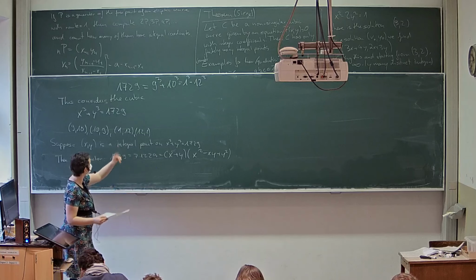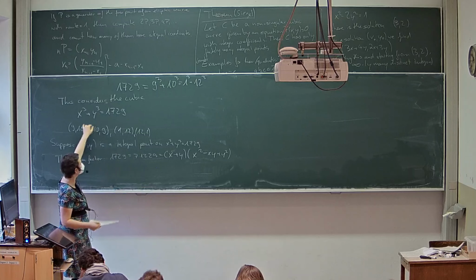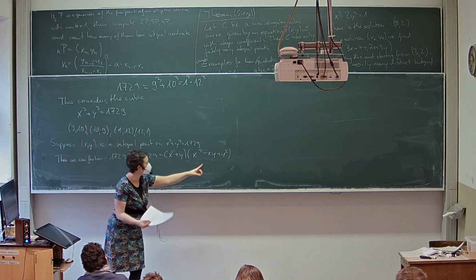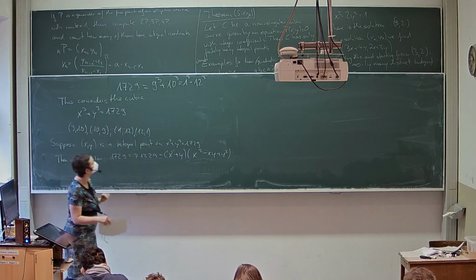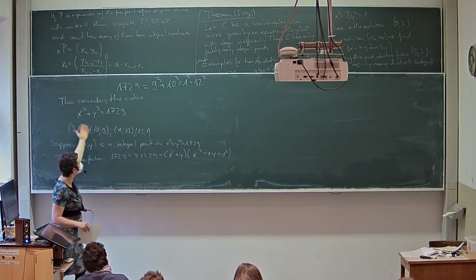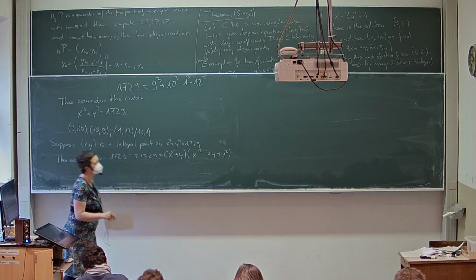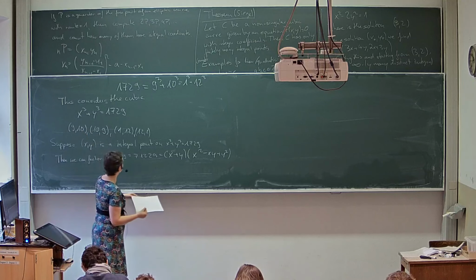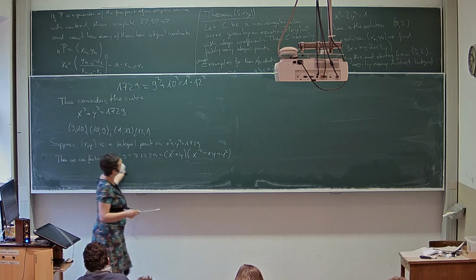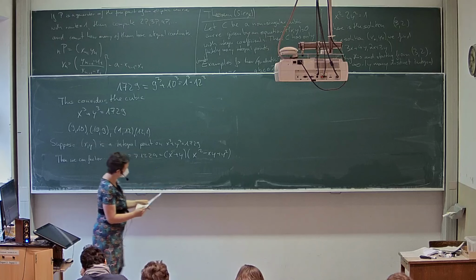And this is also the point. So if we have an equation like this that we can factor, then we can use this procedure that I will describe now. If we can't factor the right-hand side, then we cannot use this algorithm. So we factor the left-hand side and the right-hand side.